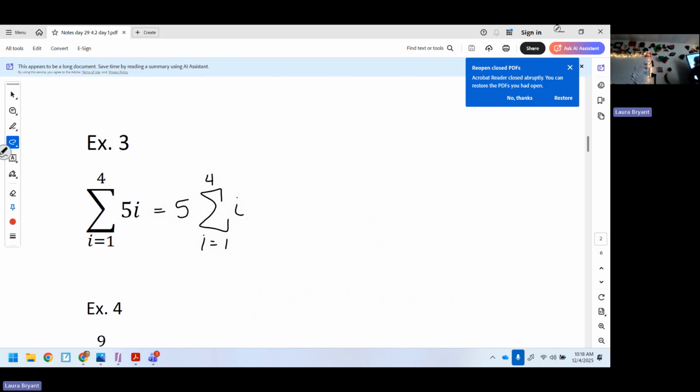And then this could be thought of as 5 times, and then I just take turns plugging my numbers into i. So 1, 2, 3, and 4. And that just makes your math a little bit easier. So this is 3 plus 3 is 6 plus 4 is 10. And so overall I get 50. And that would be the same thing if you did 5 times 1, 5 times 2, 5 times 3, 5 times 4, and 5 times 5 and added it together.